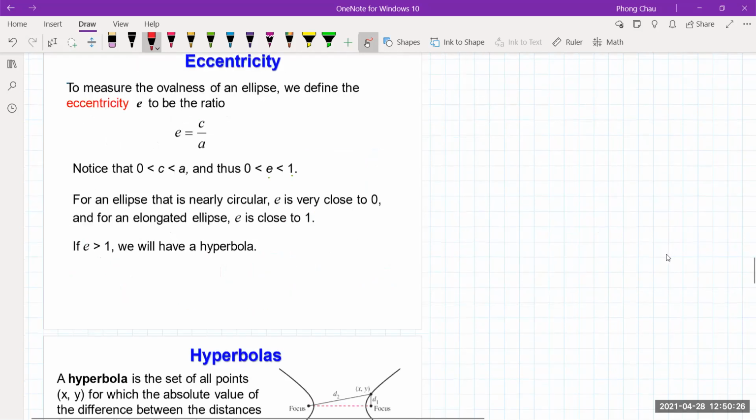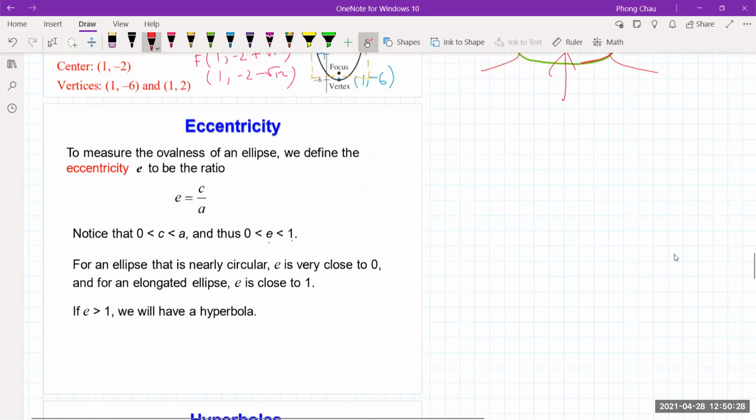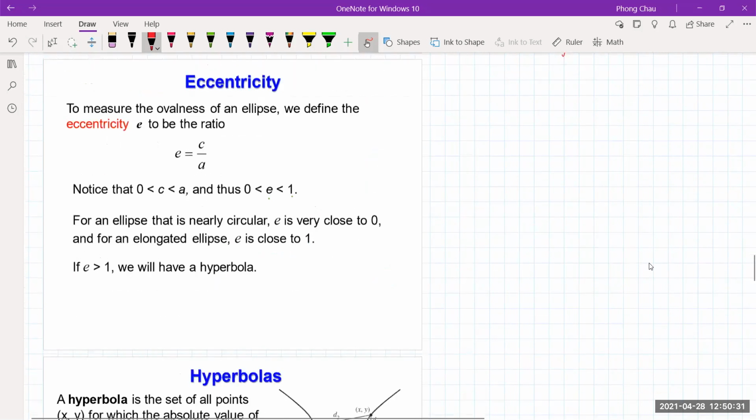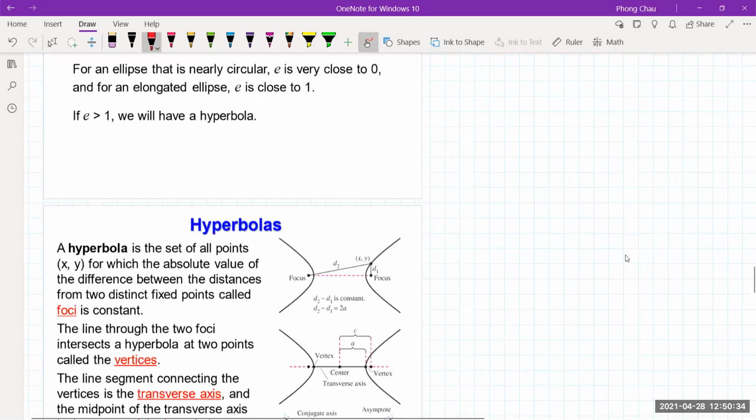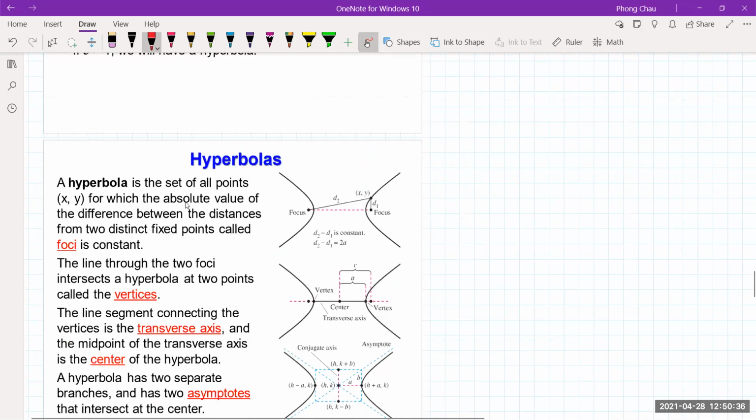So what is a hyperbola? The hyperbola is the set of all points for which the absolute value of the difference between the distances from two distinct fixed points, called foci, is constant. It's constant. Okay, so what this really means, let's say this is the hyperbola. It has two fixed points like before, right?